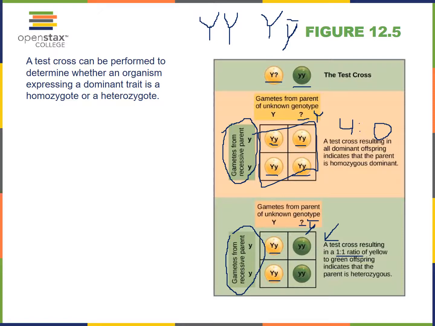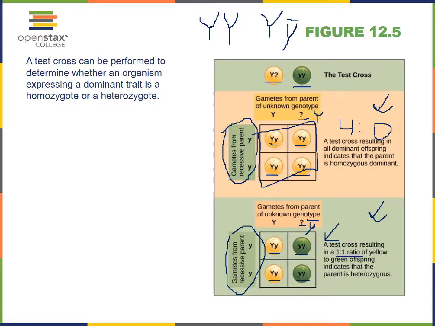But because this question mark is a little y, you get homozygous recessive there, and homozygous recessive there. So if you get offspring that are 100% yellow, you know your yellow parent was homozygous dominant. If your offspring ratio is 1-to-1, then you know your yellow seeded plant was a heterozygote.